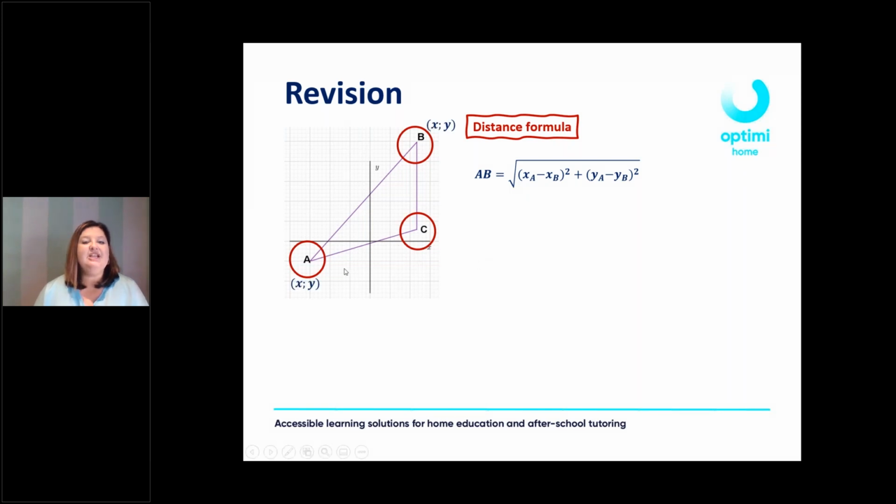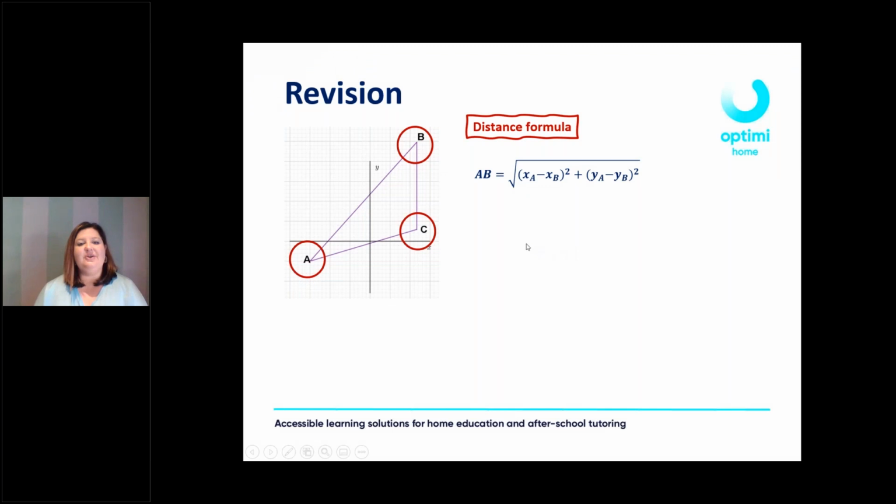These refer to the coordinates of point A and point B. There you see the x coordinate of A, the x coordinate of B, the y coordinate of A, and the y coordinate of B, and you will get those from the coordinate pairs that are given to you.